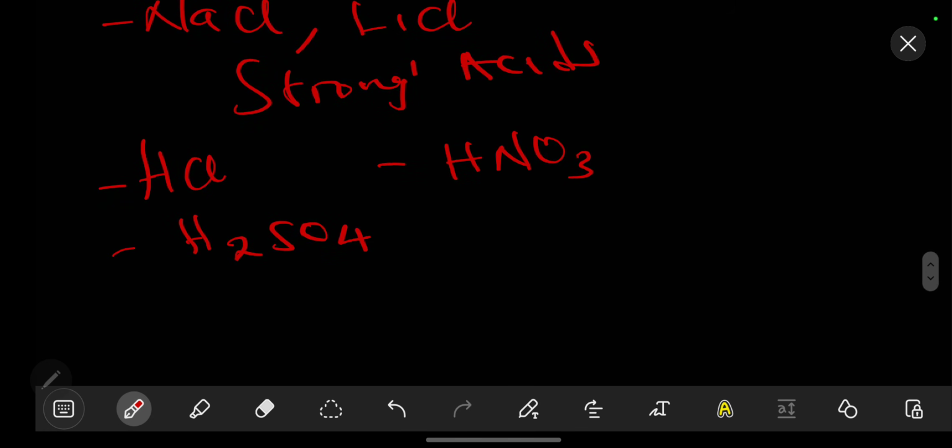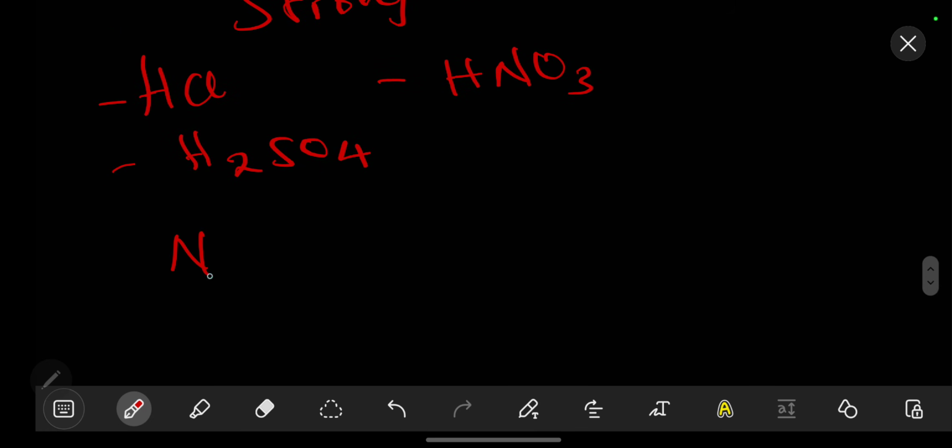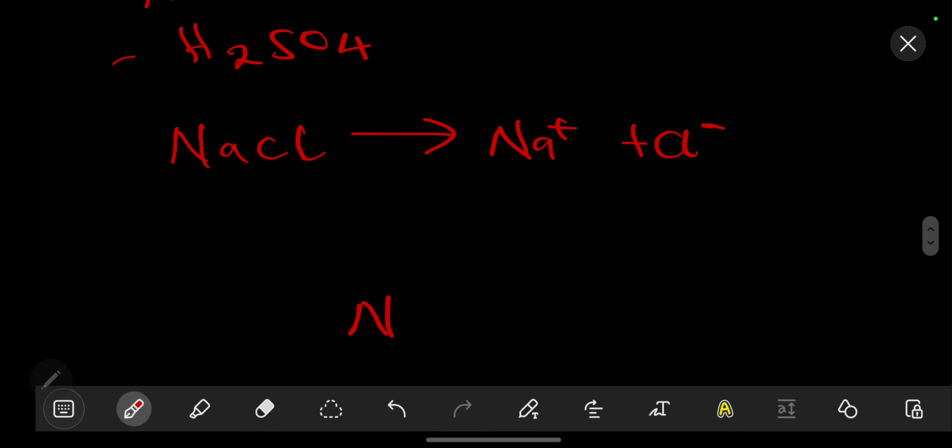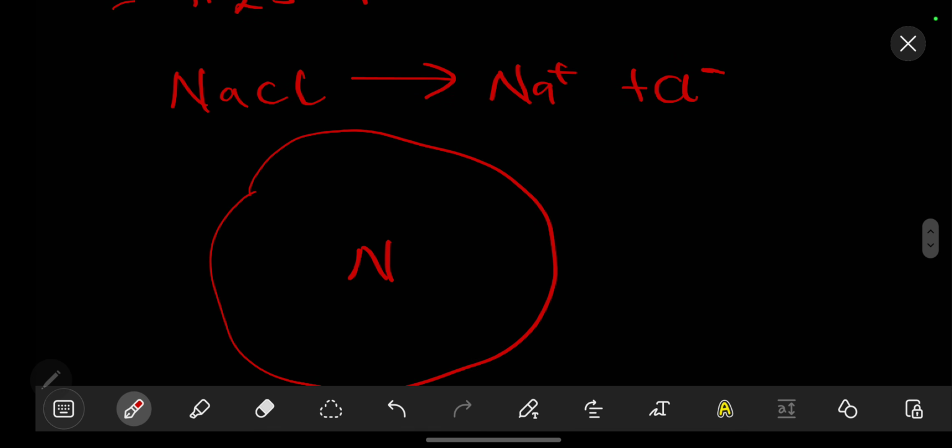Now if you look at sodium chloride, when it is dissolved in water, it separates into sodium plus chlorine. It is important for these to separate, because in the water we have sodium there, chlorine there, sodium there, chlorine like that.